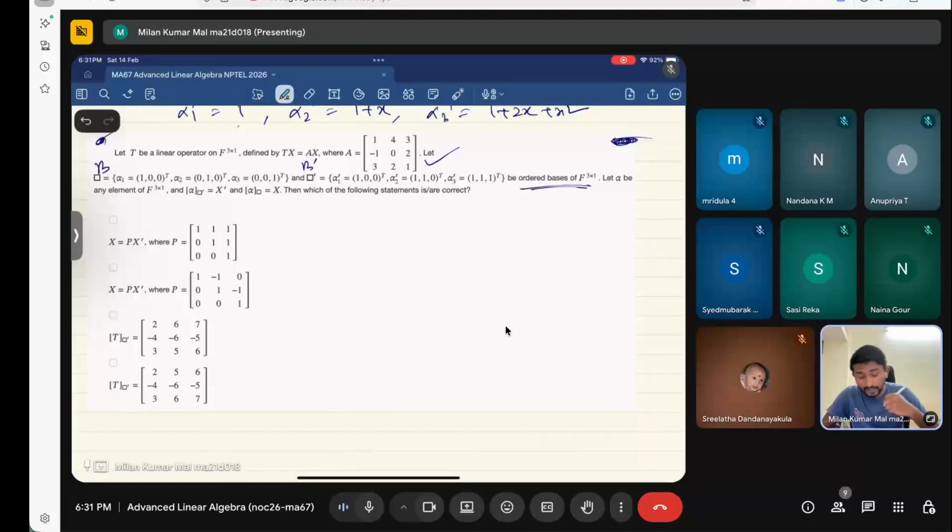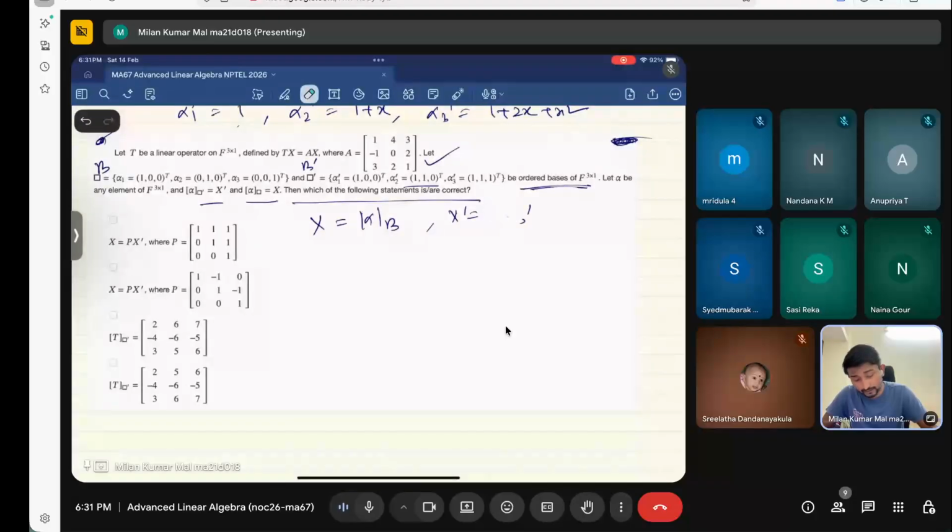Let alpha be any element of F3 cross 1, and the coordinate vector of alpha with respect to the second ordered basis is x dash, and with respect to the first ordered basis is x. Then which of the following statements is correct? So here x is equal to the coordinate matrix of alpha with respect to B, and x dash is equal to the coordinate matrix of alpha with respect to B dash, from the previous discussion, for any alpha.